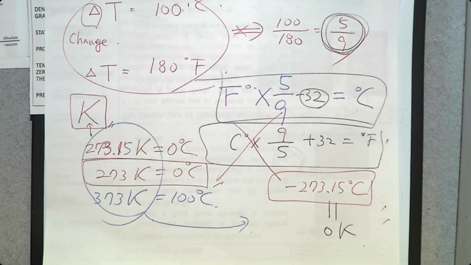Because the lowest possible temperature is 0 Kelvin. Okay? Well, Kelvin has a science meaning, so we use Kelvin as our standard SI unit. So that's everything about temperature.